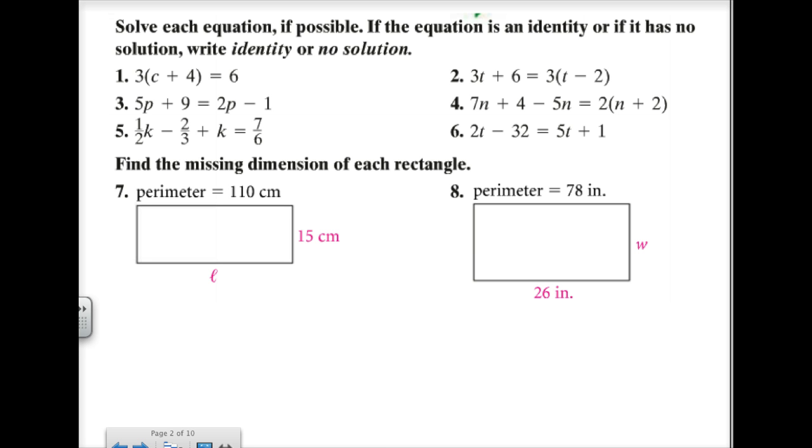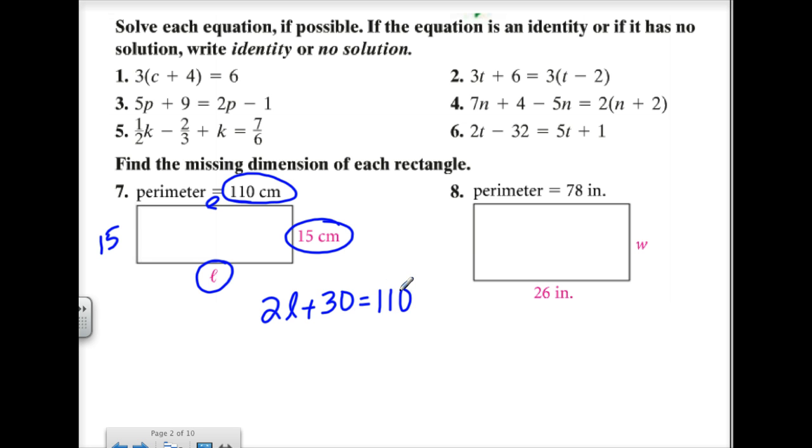The perimeter problems. In this case, the perimeter, just so you know, is length plus this, plus the length, plus 15, all added together, and that's going to give us this perimeter. So 2L, because there are two of them here, plus 15 plus 15 is 30. That is going to equal 110.